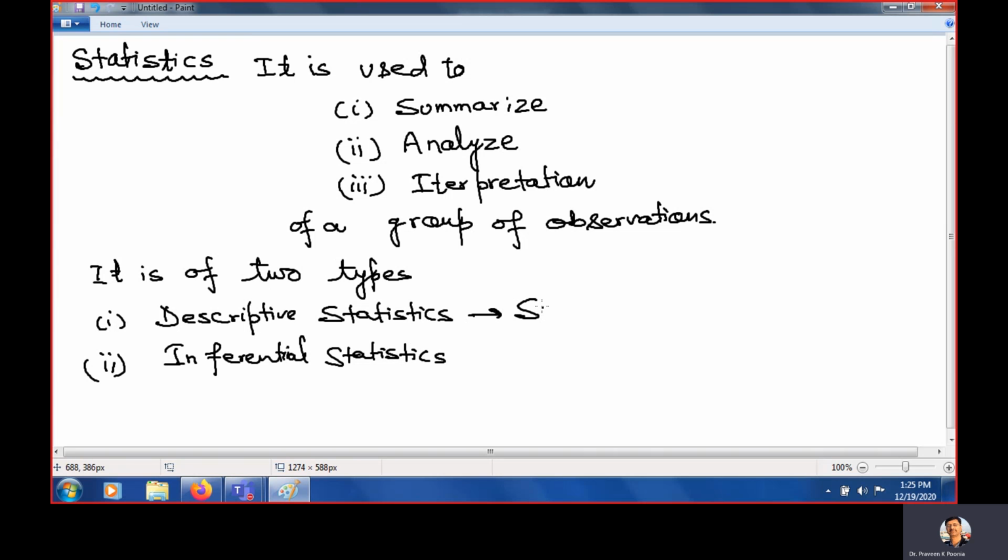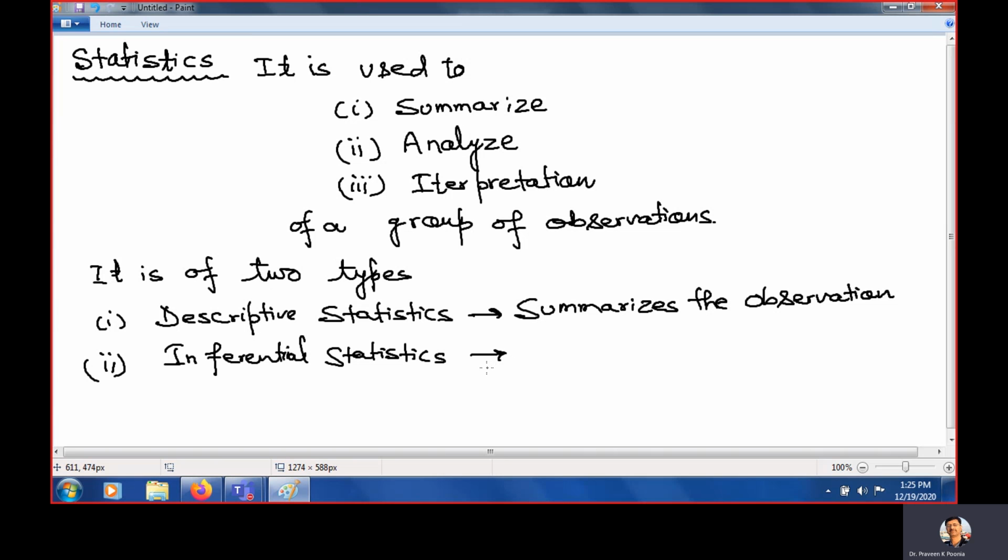Here we summarize the observations. So we are studying descriptive statistics. In our course content there is only descriptive statistics. Clear?